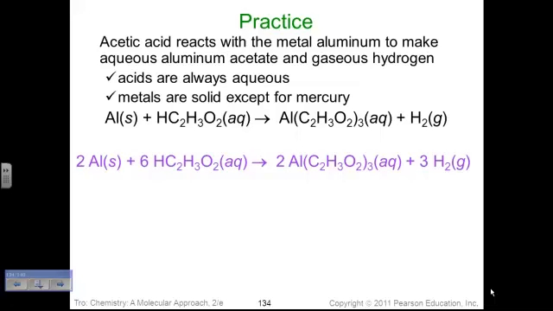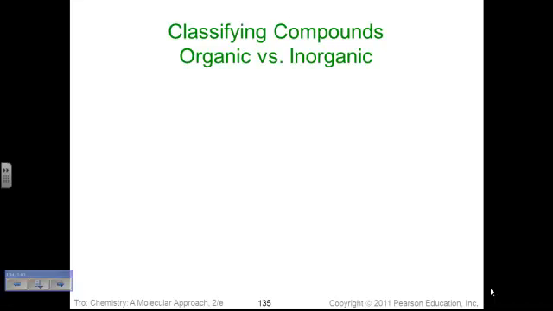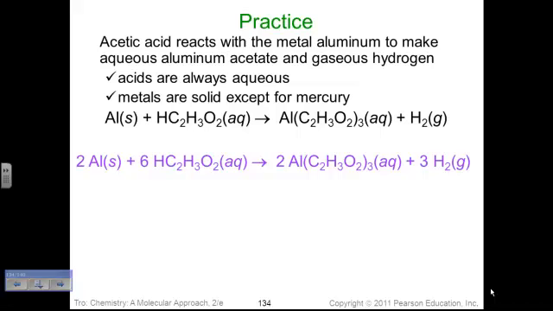Our equation balances with a 2 to 6, too fast. I'm sorry, I gotta back up. Aluminum acetate with a +3 hooking to a -1 charge. There it is, sorry. 2 to 6 to 2 to 3.